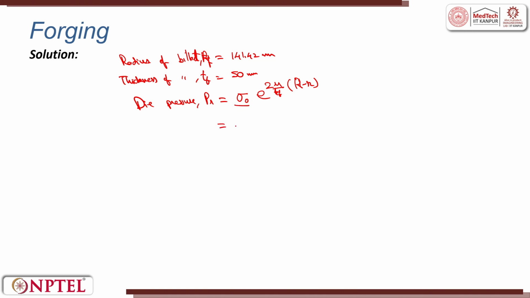This is equal to 230 into E power 2 mu into R minus r. This small r is equal to 0 because we are talking about the maximum pressure.